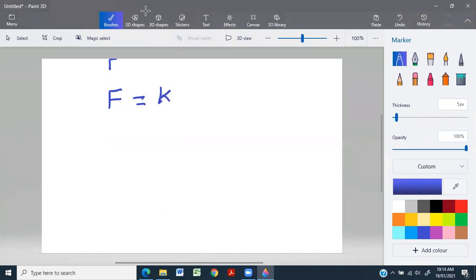So force is proportional to extension, right? And that's Hooke's law. So what Young's modulus is, it's an extension of that.